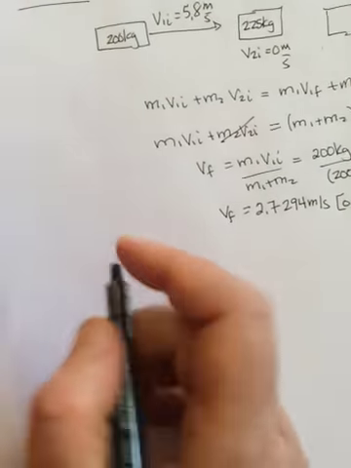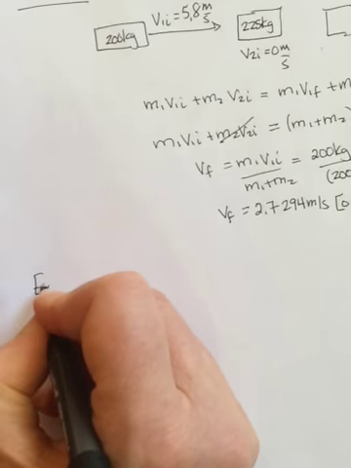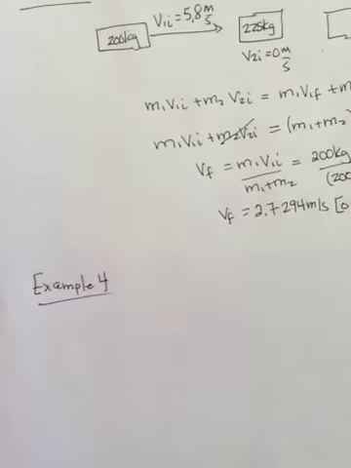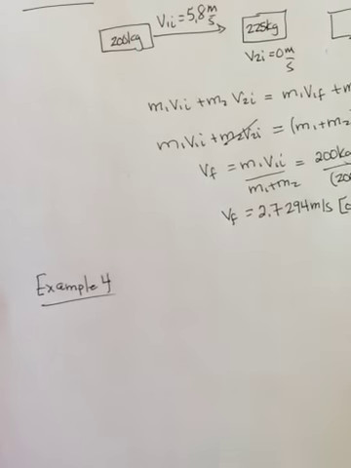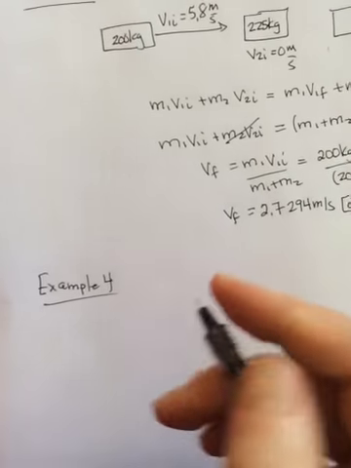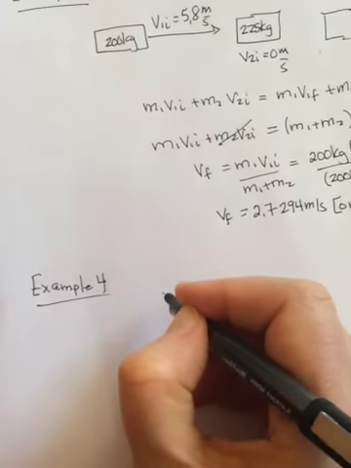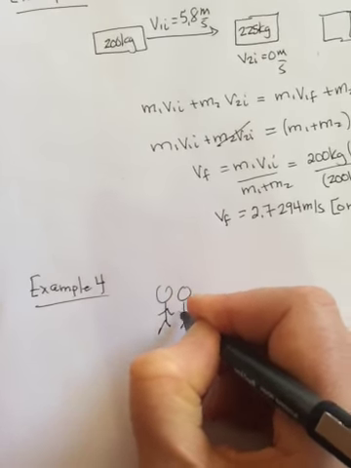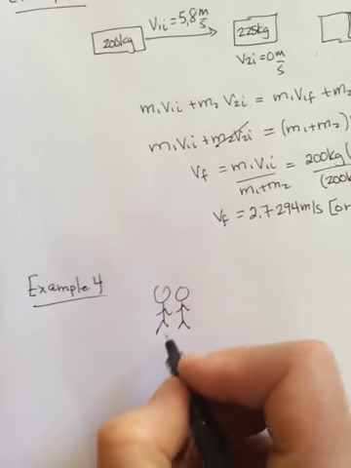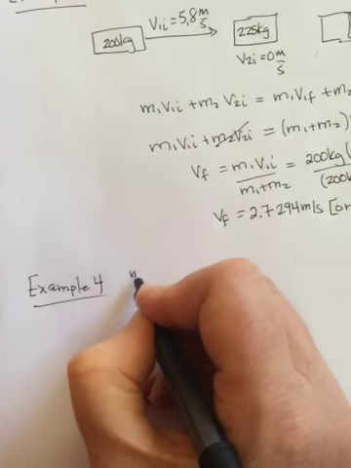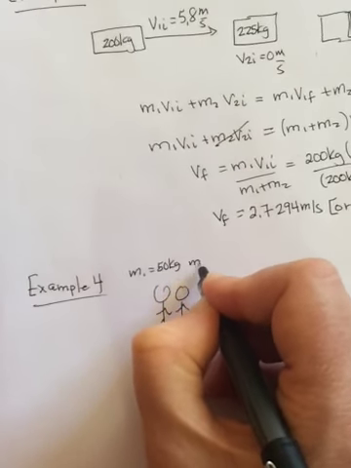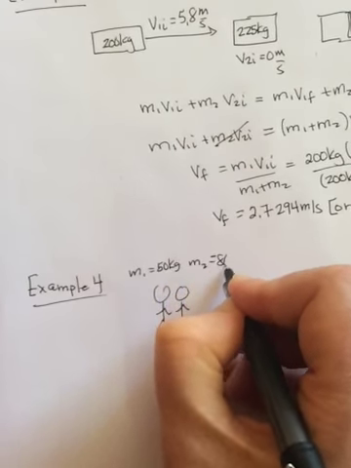All right, and example number 4. Example number 4 is going to be one of those collision or explosion ones, except it's not really going to be exploding. It's going to be two figure skaters. So here they are. The first one's mass is 50 kilograms, and the second one's mass is 80 kilograms.